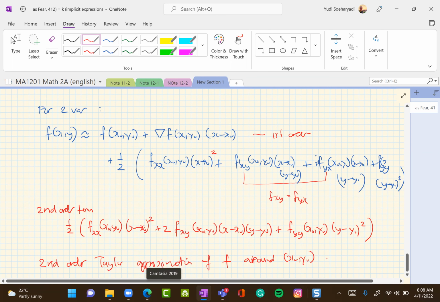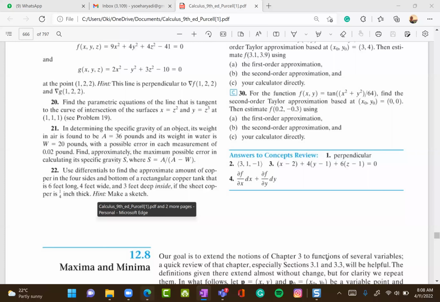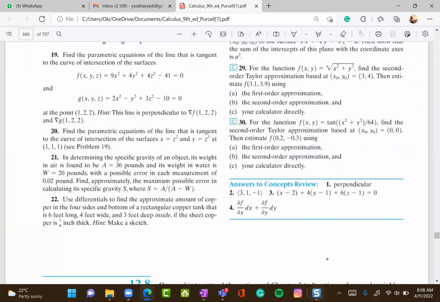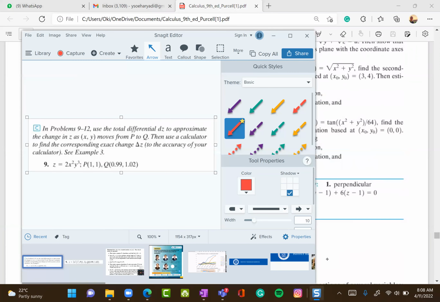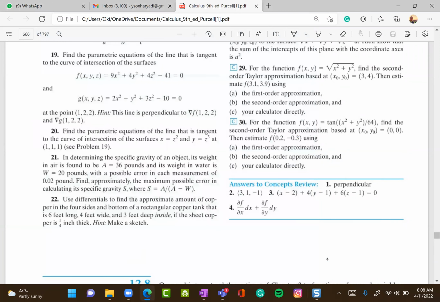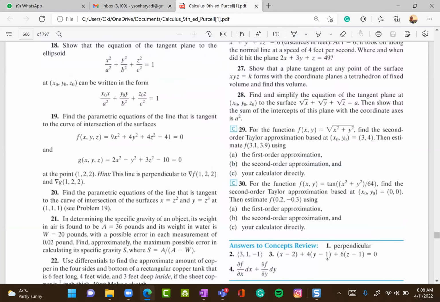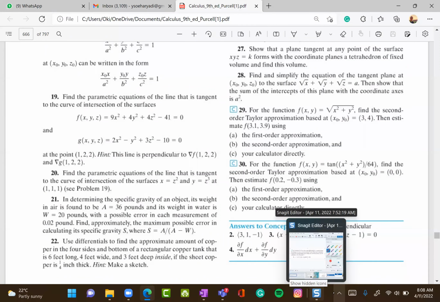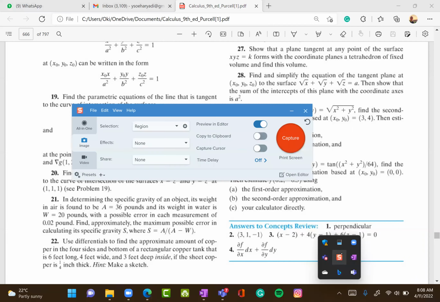Where is that thing? Here. Okay, no, that's correct. Okay, so we'll do 29C, 29 here.